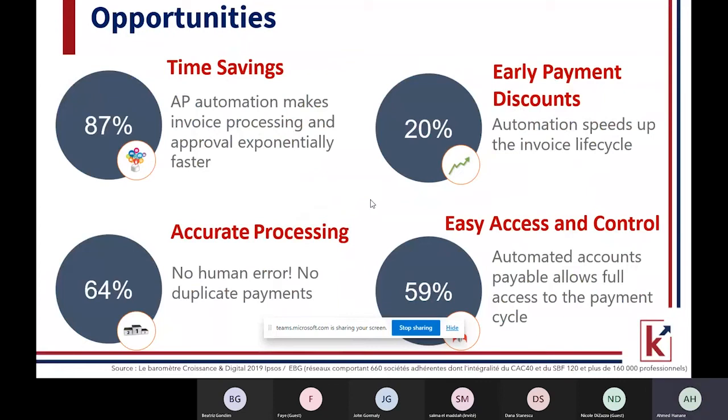64% of the folks we interviewed mentioned that they benefit from accurate processing, meaning we don't have data-keying errors, we don't have duplicate payments, and we have automated verification of the invoice. About 59% say they have easier access to and control of the process. We're going to look at some of that in the demo.